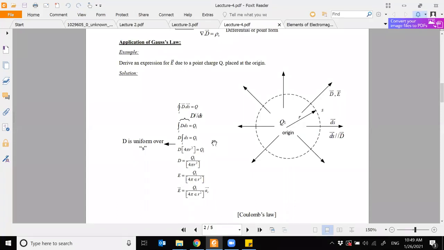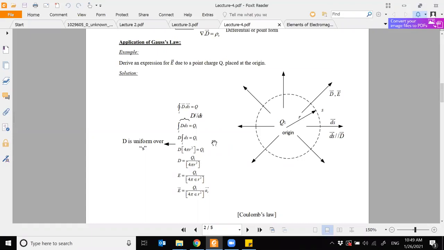Symmetries here I'm referring to that your electric field will be a function of only r in spherical coordinates, or only rho in cylindrical coordinates, or only x or only y or only z in rectangular coordinates. If you have these kinds of charges which have these kinds of electric fields, then it becomes much easier to find that electric field using Gauss's law.